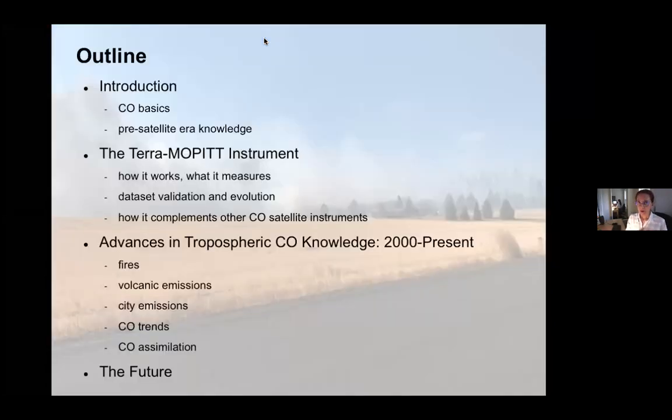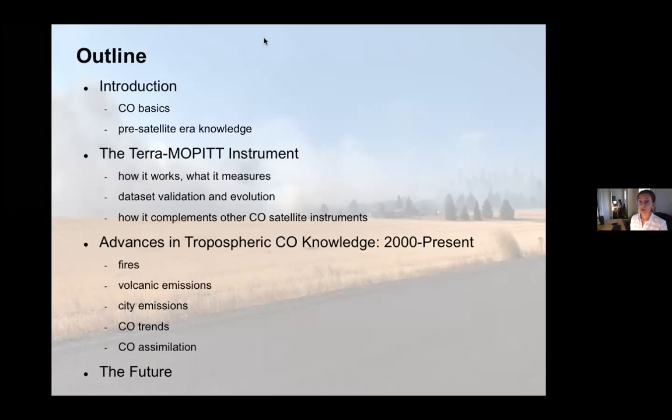Here I have an outline of what I would like to cover today. A very short introduction on the CO basics and what we knew before satellites. Then I will start talking about the Terra MOPITT instrument, which I work for. I will explain how it works, what it measures, how we validate the data set, how it's evolved through the years, how it complements other satellite instruments measuring carbon monoxide, and so on.